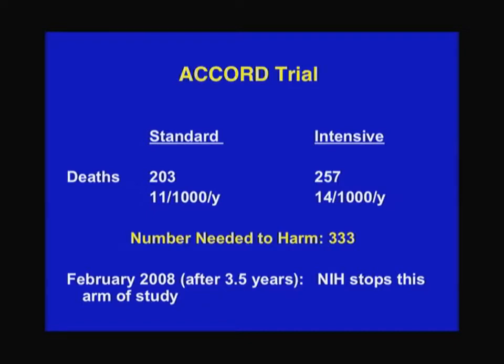And in fact, when you calculated, you needed to treat 333 people this way to kill 1. So the number needed to kill was 333. So the NIH actually stopped this study early because they were worried.